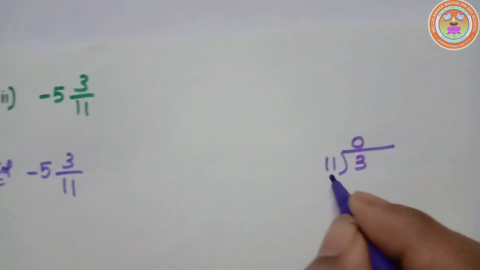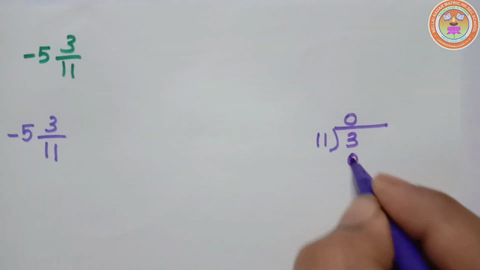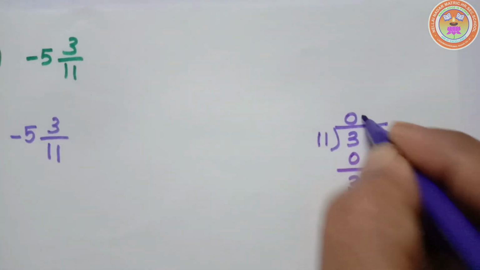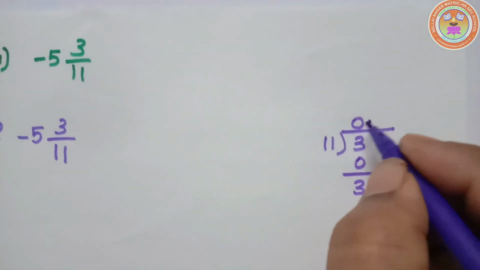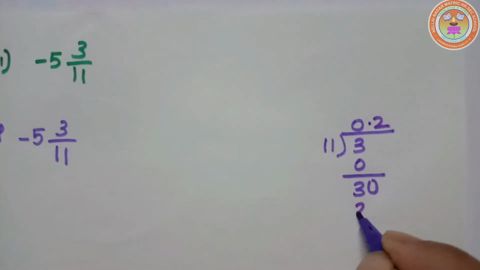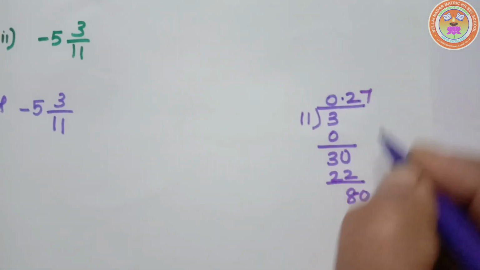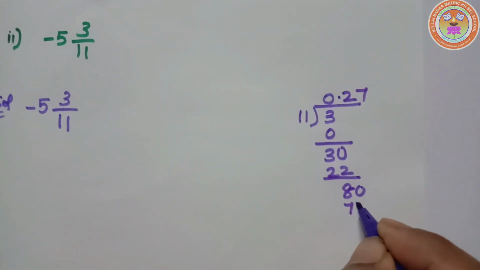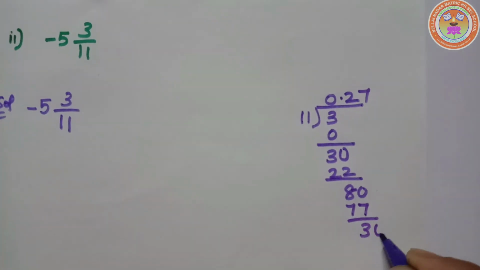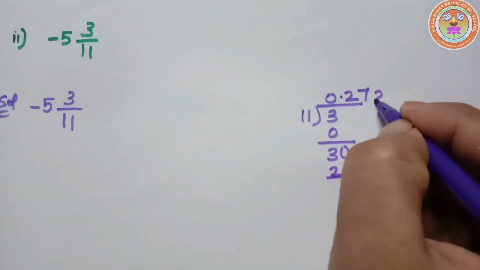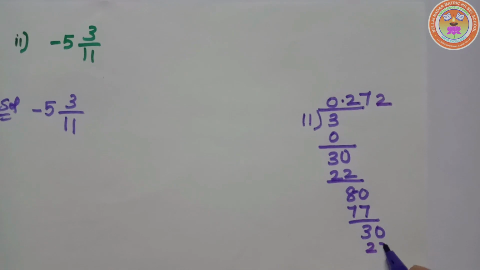3 zeros are, that is 11 how many times 3? 0 times. 3.0. Again 11 twos are 22. Balance 8, take 0. 11 sevens are 77. Balance 3. Again 0. 11 twos are 22.